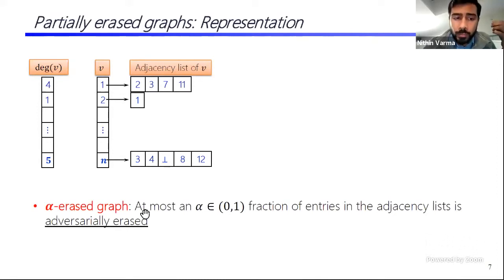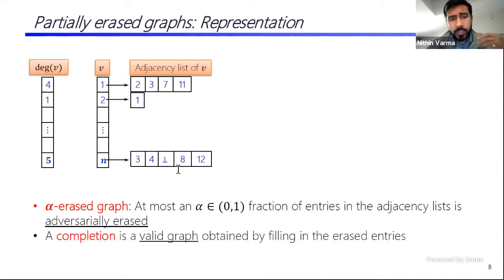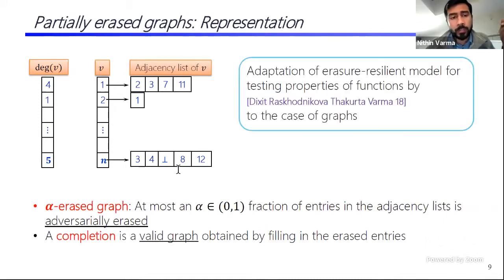Specifically, for a constant alpha, a graph is alpha erased if at most an alpha fraction of the entries in the adjacency lists are adversarially erased. A completion of such a partially erased representation is a valid graph obtained by filling in these erased entries.